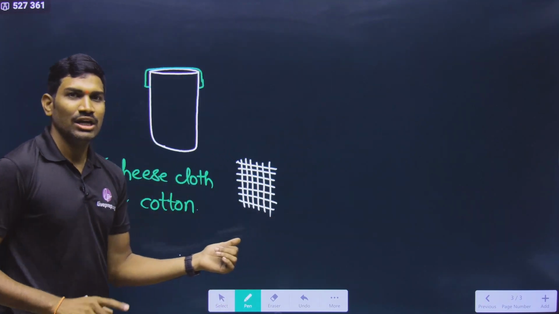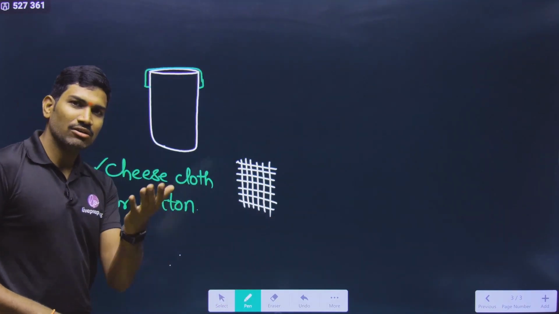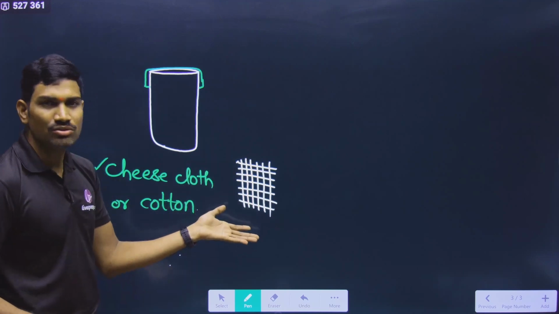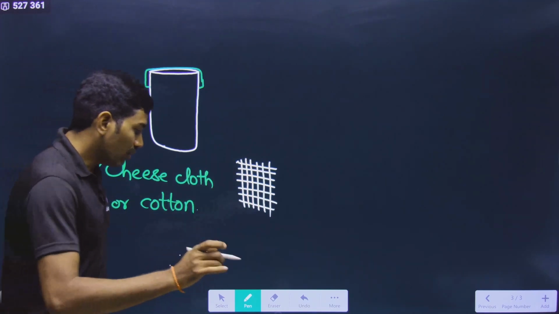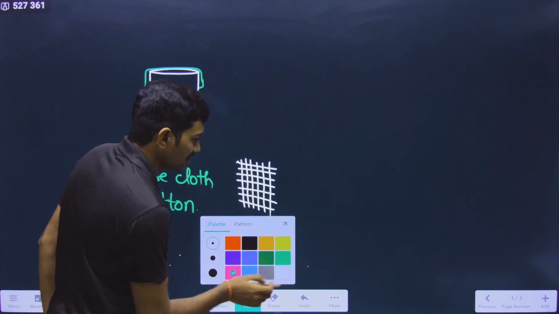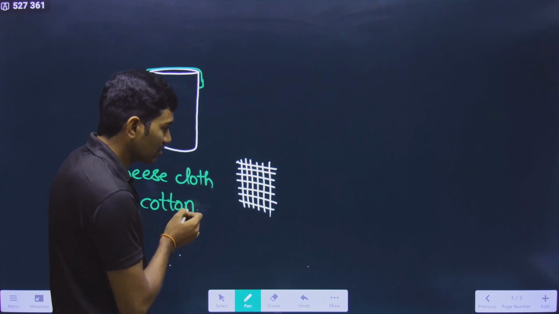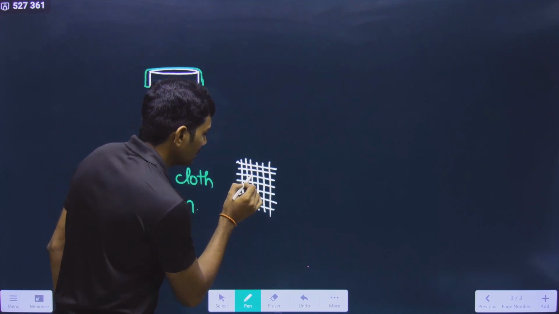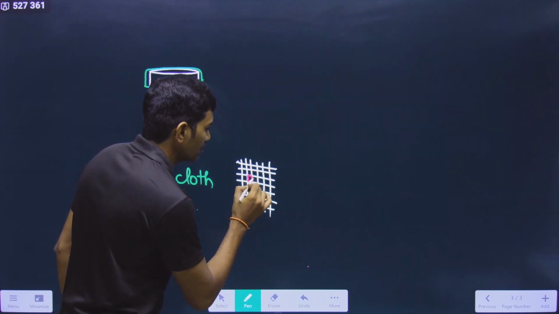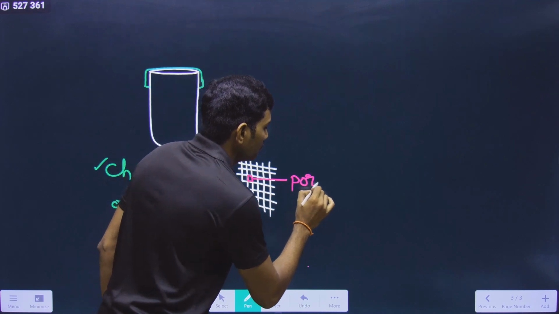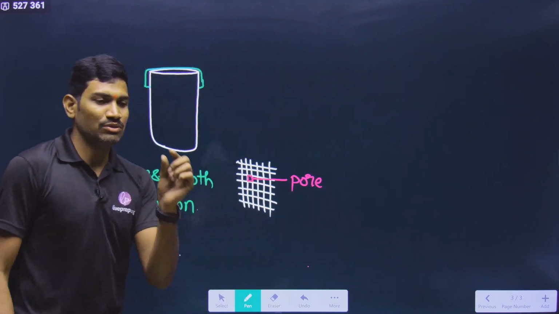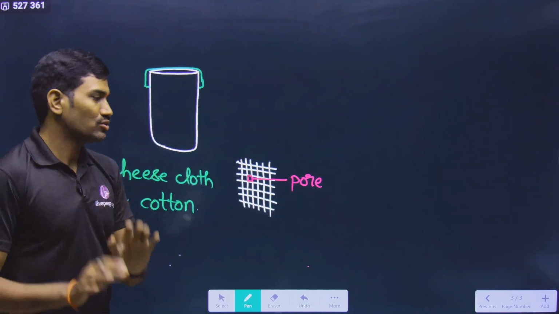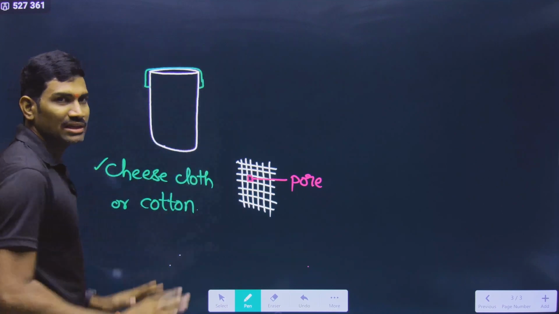Yes or no? If you are taking cotton, in the cotton also cotton fibers are present like this only. So whether it is a cloth or a cotton, if you observe clearly, it will have some pores. Please observe this one. Pores are present. So that cloth you are keeping here.